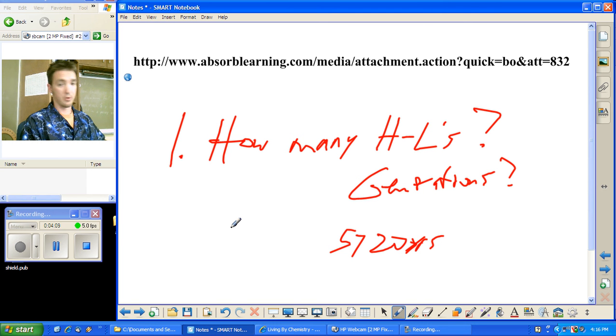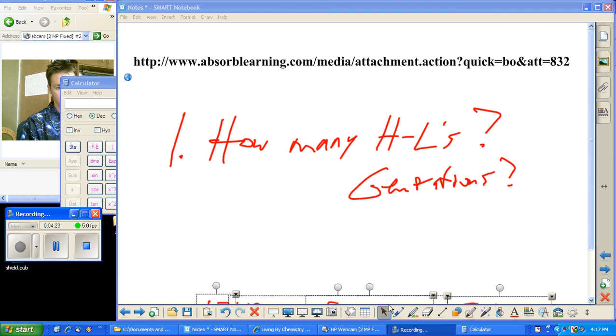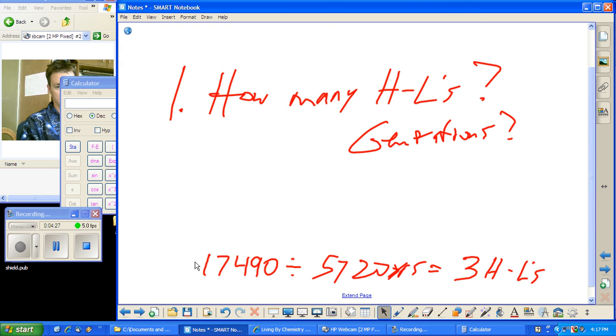So this is where you pause, see if you can figure out how many half-lives it went through, and see if you're right. Or you could just work the whole thing right now and see if you can get all the way from beginning to end and get the right answer. To calculate this, you take the time divided by the time for a half-life. That gets about 3 half-lives.